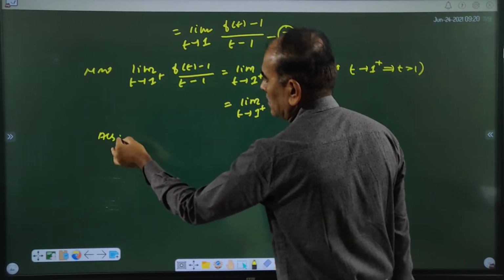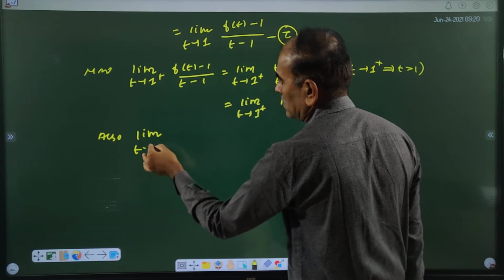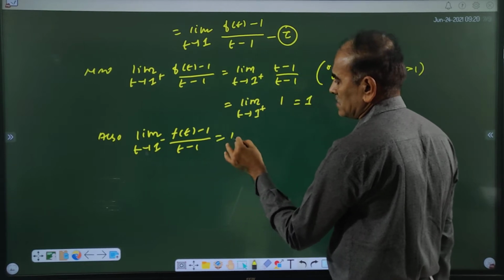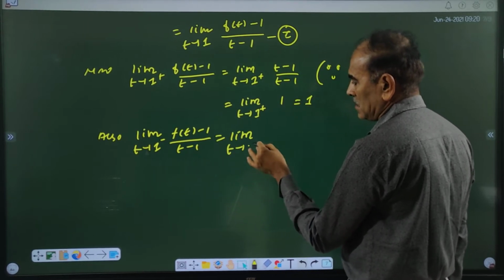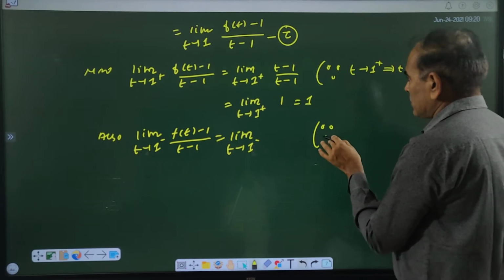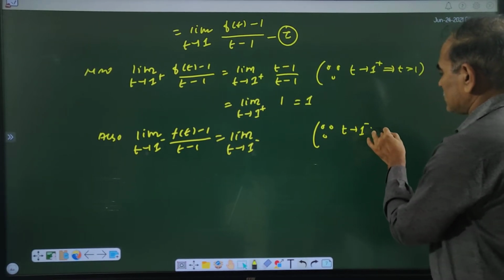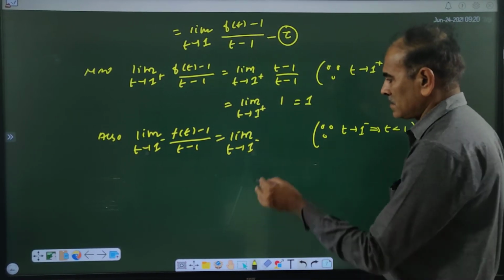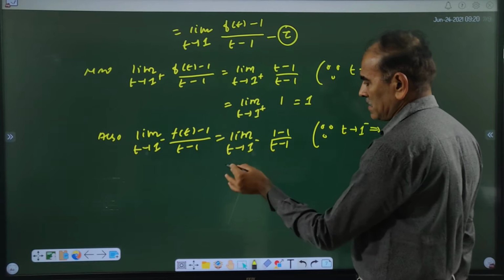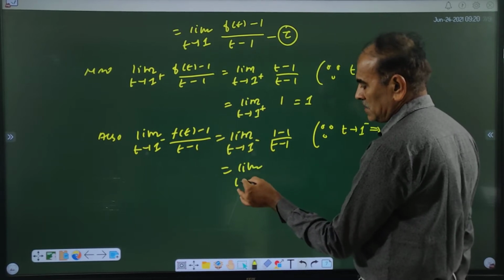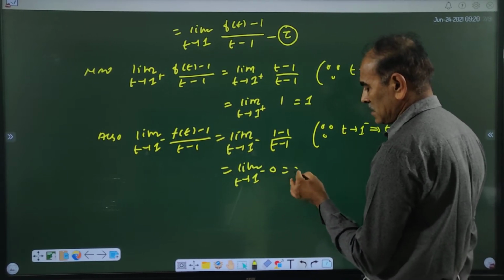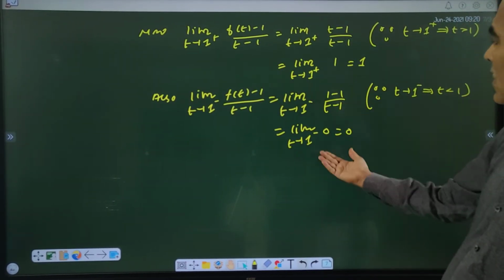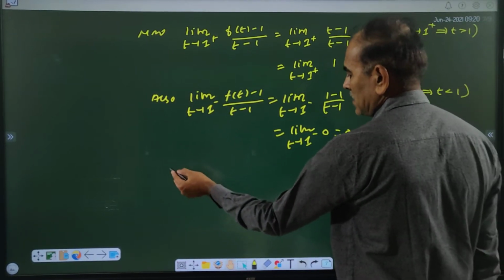Also, what is the left limit? Limit t tends to 1 minus of f of t minus 1 upon t minus 1. Put the result: t tends to 1 minus implies t less than 1, then f is 1. So 1 minus 1 over t minus 1, the left limit is 0.